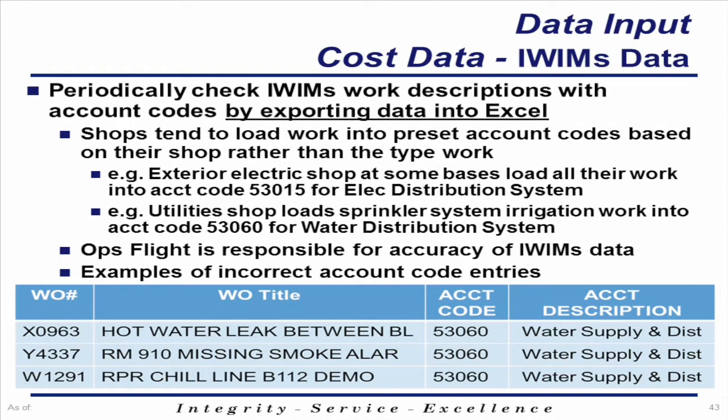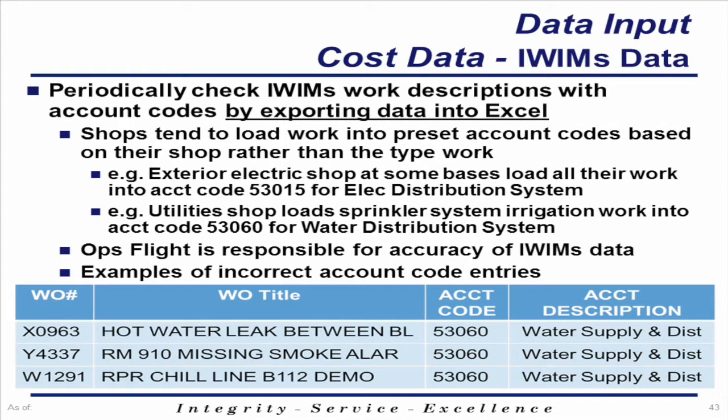So if that's included in that account code, then that account code does not have all the accurate data that we need it to have. The only way to really find out what is included in the account code is to periodically check the work order and the IWIMS data to see if the work is being coded correctly.